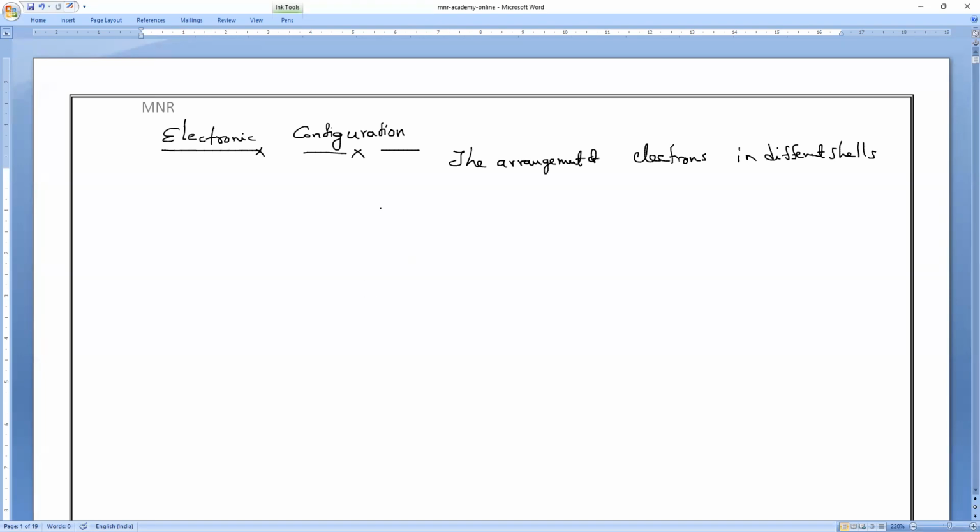Now we have various shells: K shell, L shell, M shell and N shell. These are discrete energy levels, and the energy order is different for different shells. Who has the maximum energy? Yes, the N shell, which is far away from the nucleus.